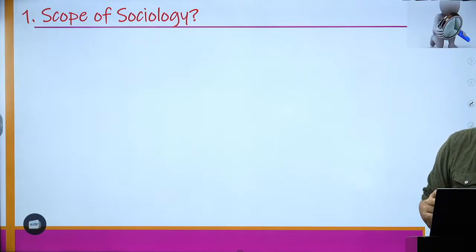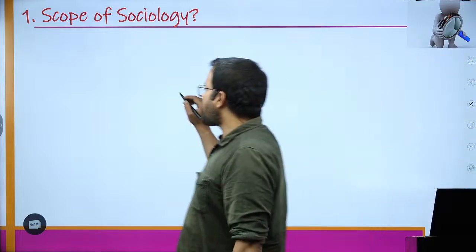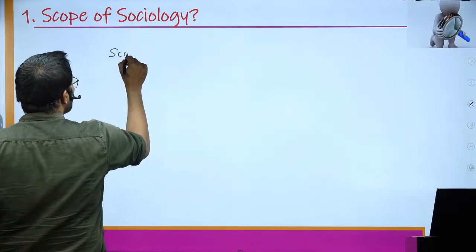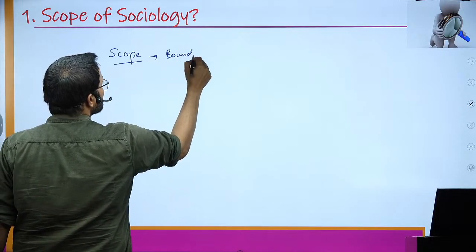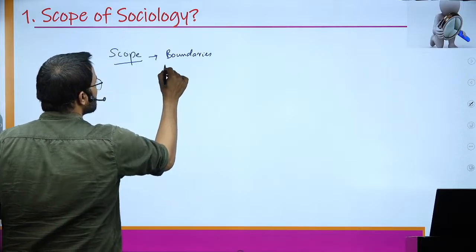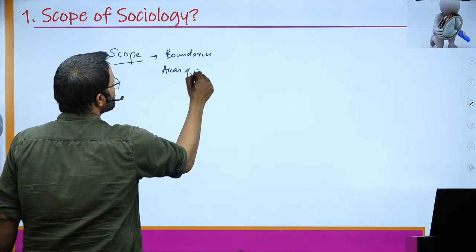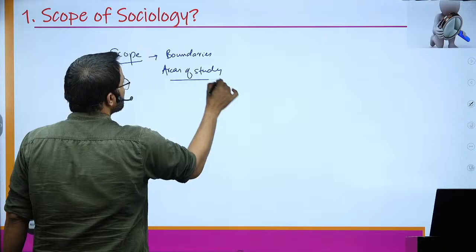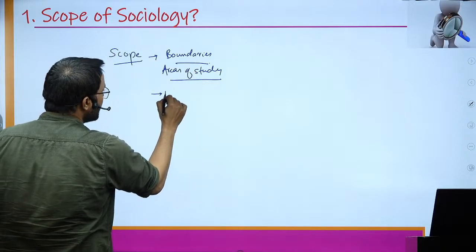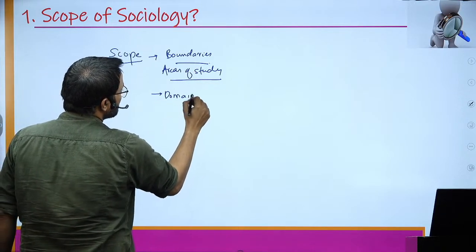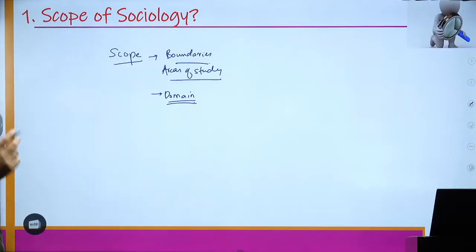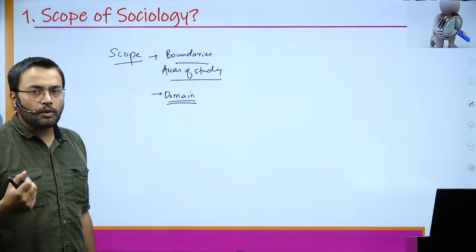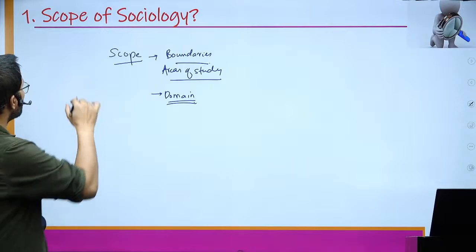I'll simply say that scope means boundaries or areas of study. You can also say the domain. Like what is the subject matter of sociology? What kind of topics should sociology deal with? That's what we talk about, the scope of sociology.